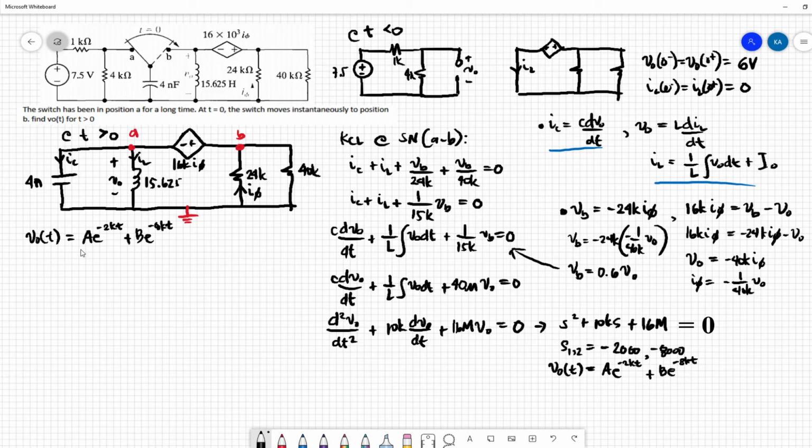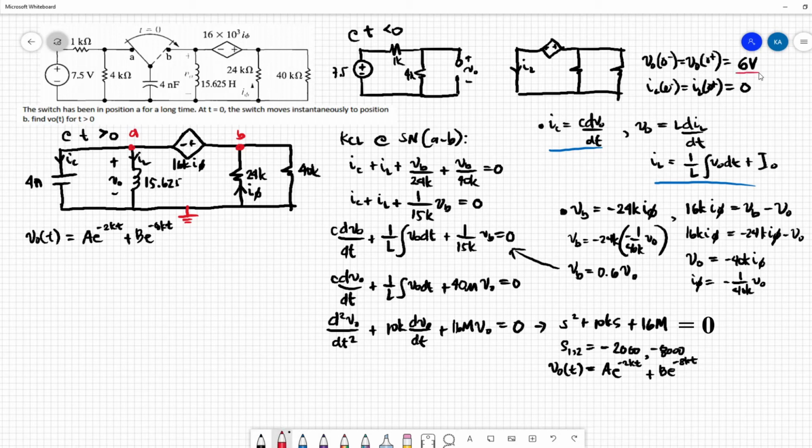Solving for the values of A and B, again, we need the initial conditions. So we need Vo of 0 and then dVo/dt at 0. Vo of 0 minus is just 6 volts.